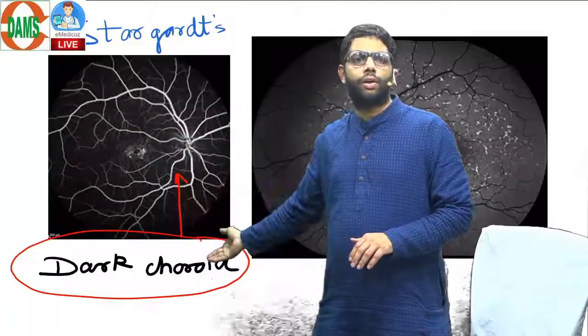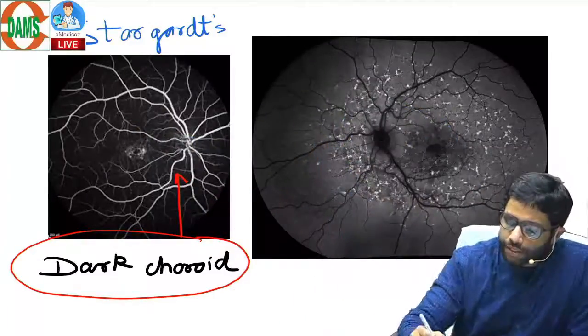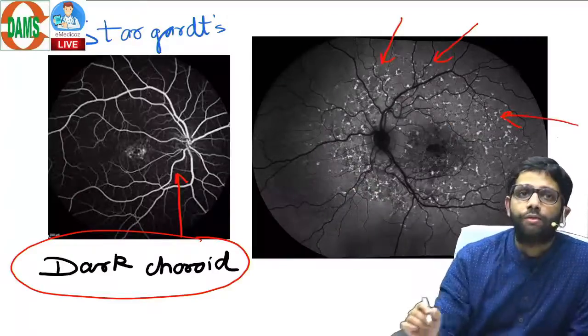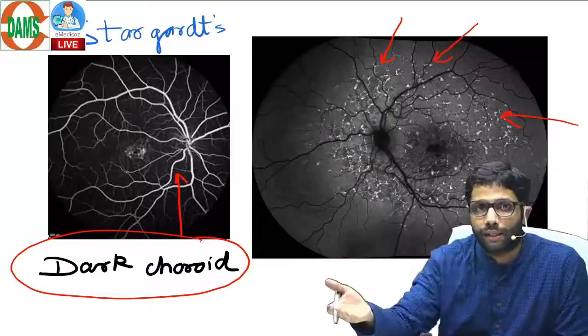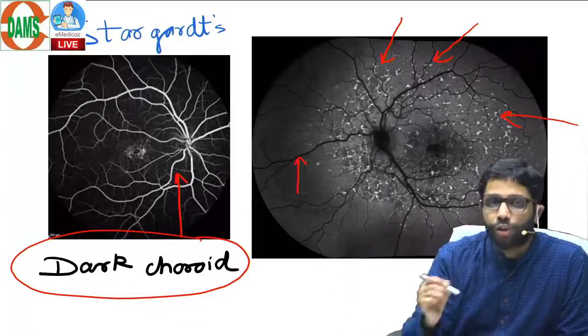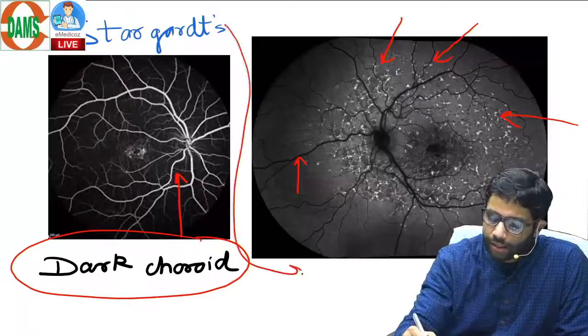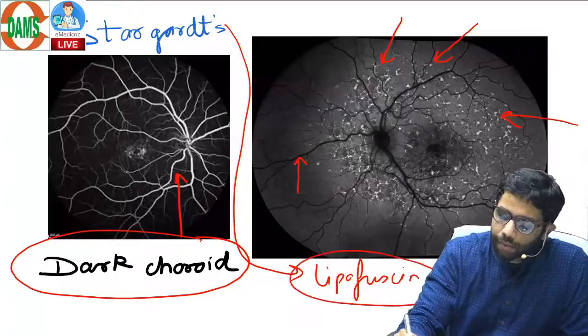It is a dark choroid. But if you do an autofluorescence, this lipofuscin deposition will be hyperfluorescent because they have a property of emitting a high wavelength light. This is an autofluorescence because the vessels do not have dye. So Stargardt has lipofuscin deposition in the RPE layer.